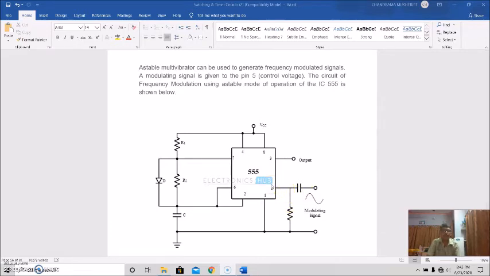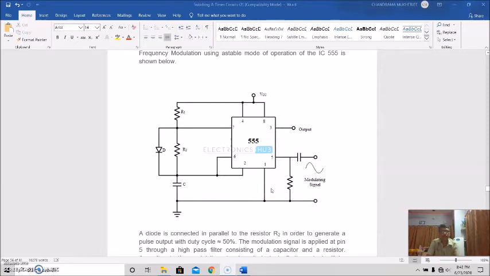That is the control voltage. The circuit of the frequency modulation using the Astable mode of operation of IC 555 is shown here. A diode is connected in parallel with the resistor R2 in order to generate a pulse output with a duty cycle of approximately 50%.